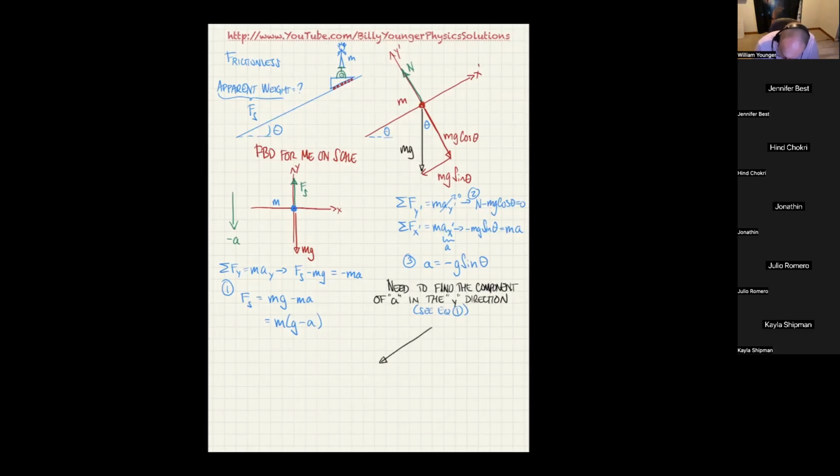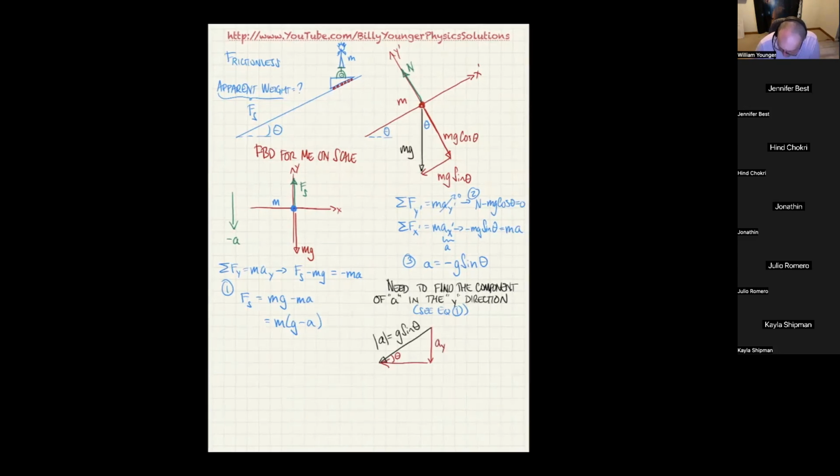Okay. So what I have is this. I have an acceleration A equal in magnitude to g sine theta. And what I need to do is put it in a component that is vertical. Remember, this angle right here is still theta. And in principle, I could also put it in an x direction, but that's the one that I don't really need.